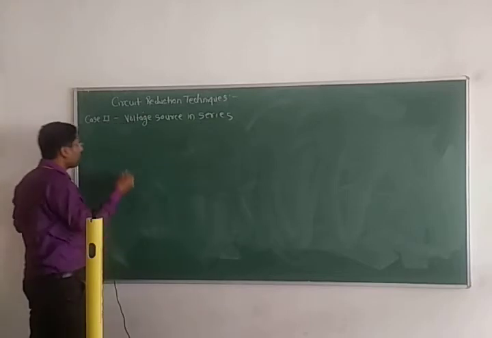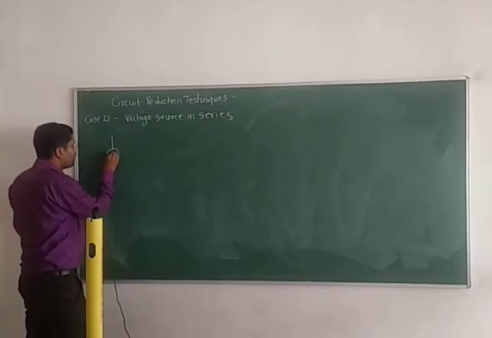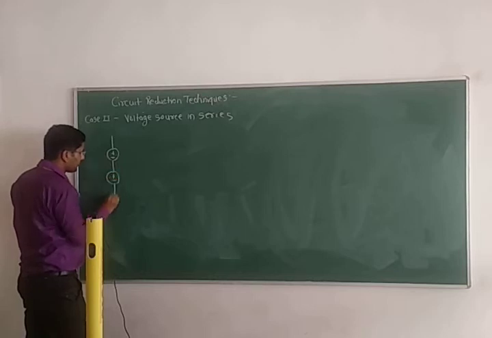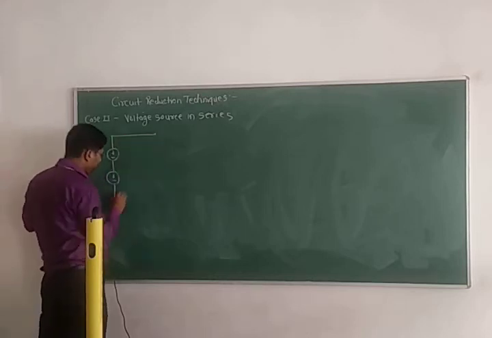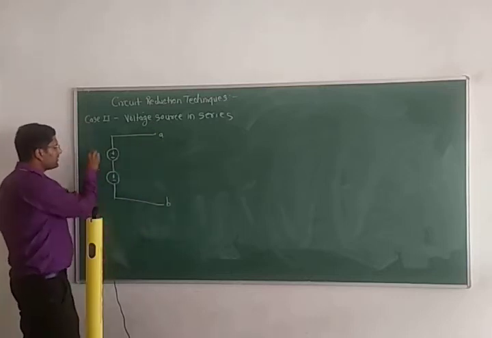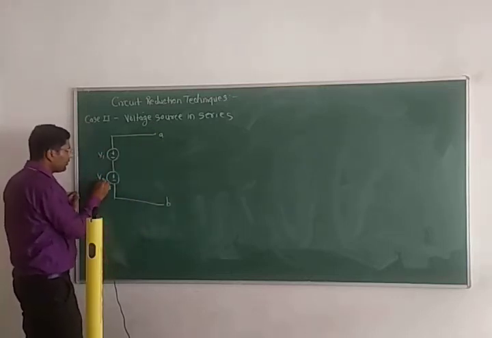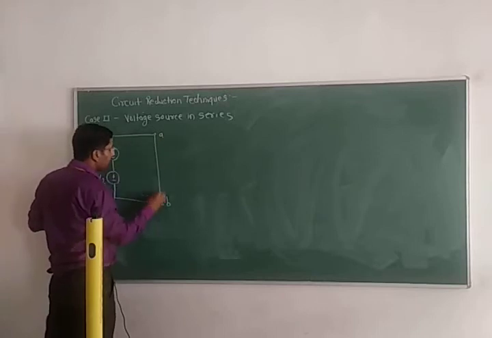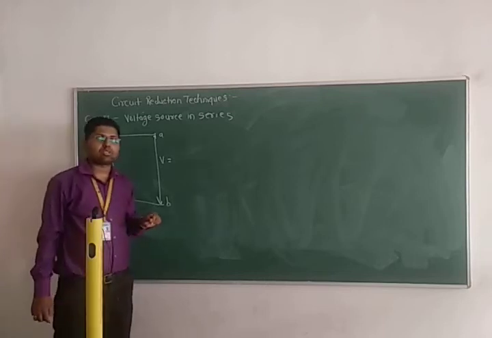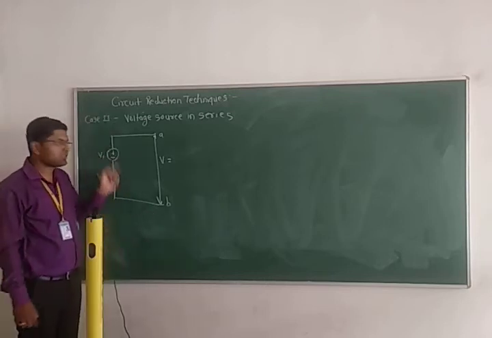Suppose there will be a voltage here, plus minus, and here also plus minus. The polarity is the same, A and B again. I will say here is V1 and I have V2. So what will be the total voltage across AB? So V is equal to... tell me in the chat box what will be the answer for this figure.